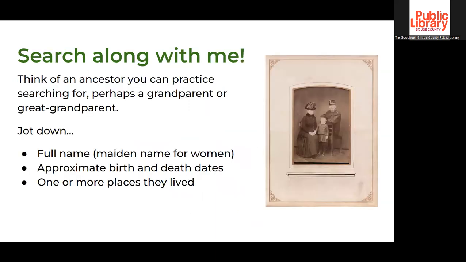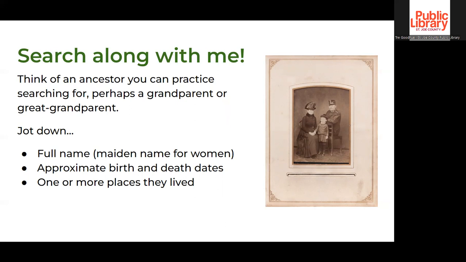So this is where you can decide if you want to search along with me. If you have access to Ancestry, wherever you are, whether you're virtual or in person, you are able to search along with me if you wish. I'm going to give you just a little minute here to write down some information if you want to do a search along. This is optional. If you just want to listen and watch, that's fine too.